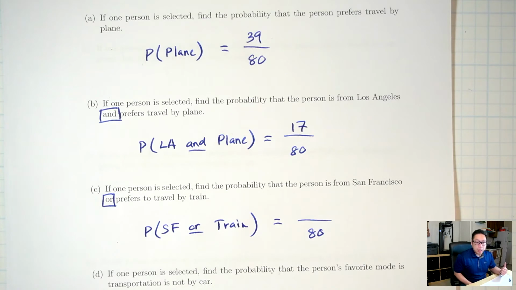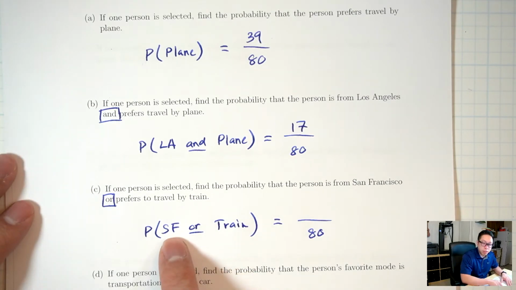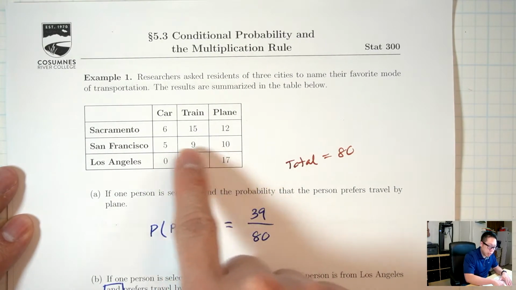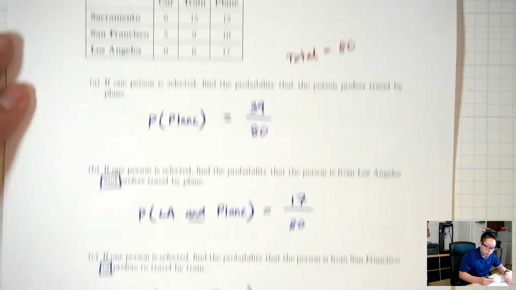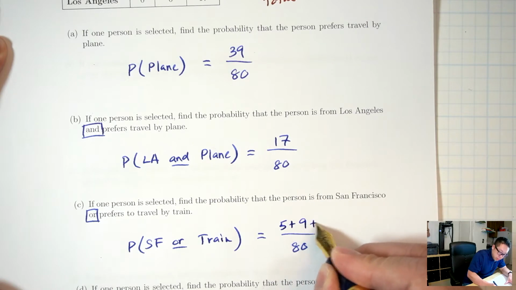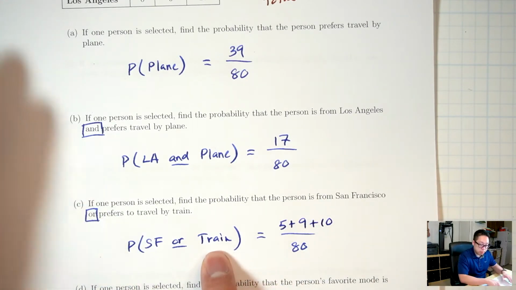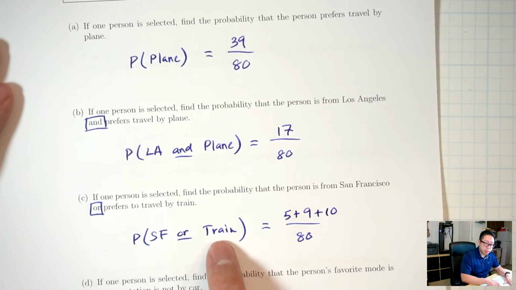And the way we did it in the last lecture was I'm going to start by taking all my San Francisco numbers, which is 5, 9, and 10. So definitely these people satisfy the first requirement. So 5 plus 9 plus 10. And then I'm also going to throw in the train numbers, which is 15, 9, and 6, because these people would satisfy the second requirement.